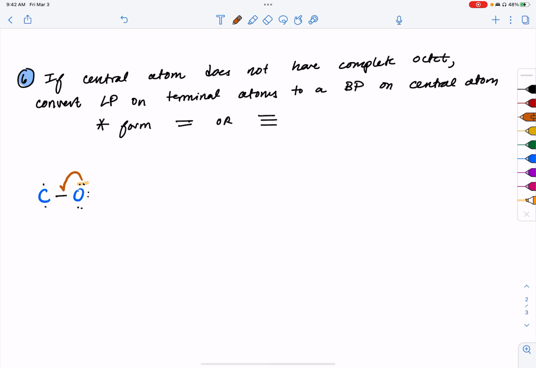Let's go from being lone pairs into bonding pairs. So if I were to do that, I would have carbon with its original single bond to oxygen, which would leave behind these lone pairs on oxygen. I also had my original unpaired electrons on carbon, and now I have formed a double bond between carbon and oxygen, and let's see if that fixed my incomplete octet problem.